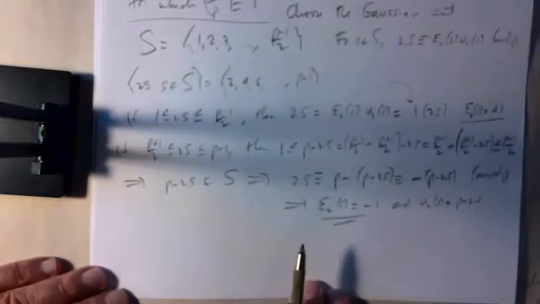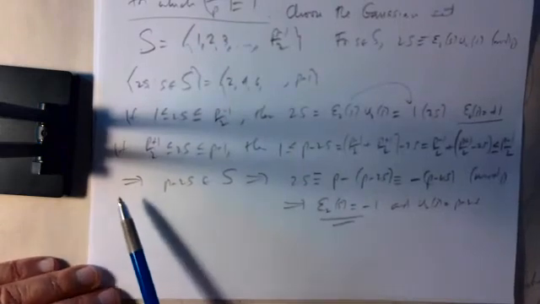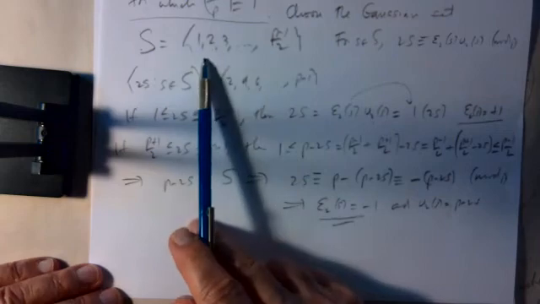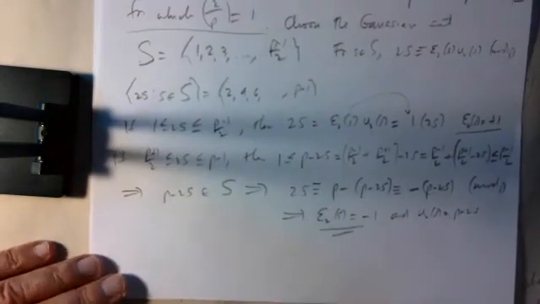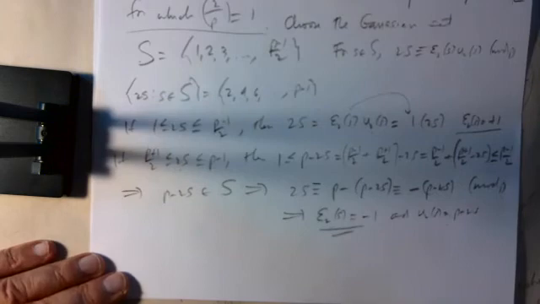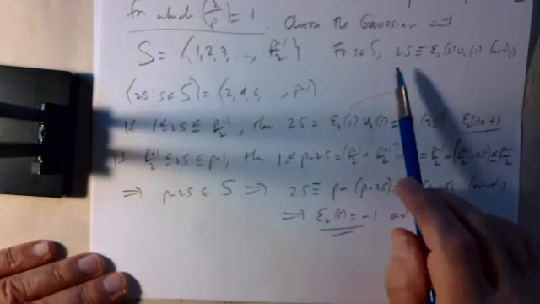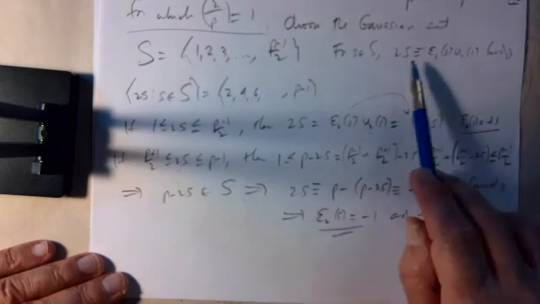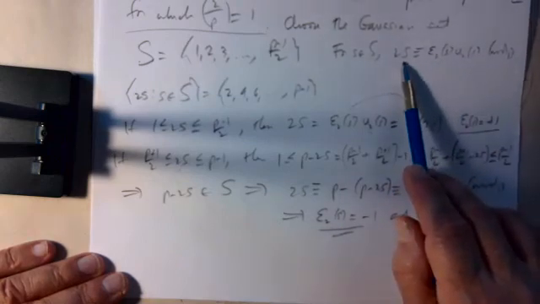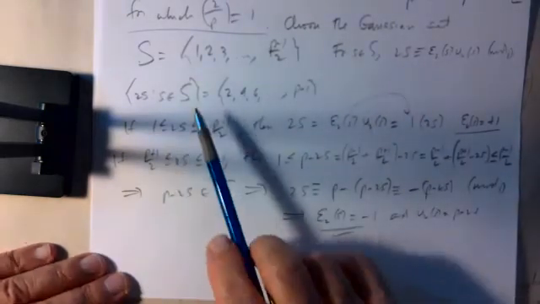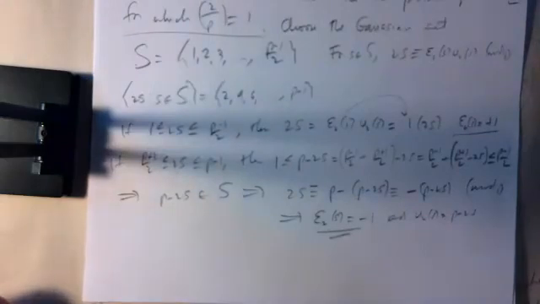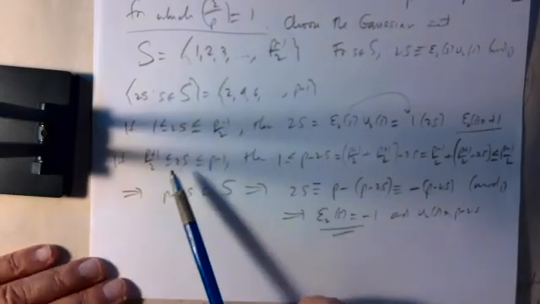So that says what? I have this Gaussian set, the integers from 1 to (p minus 1)/2. I want to use Gauss's lemma, so I have to write 2s as plus or minus an element of S for every element little s in the set big S. That is, for each value of s from 1 to (p minus 1)/2. So there are two cases.